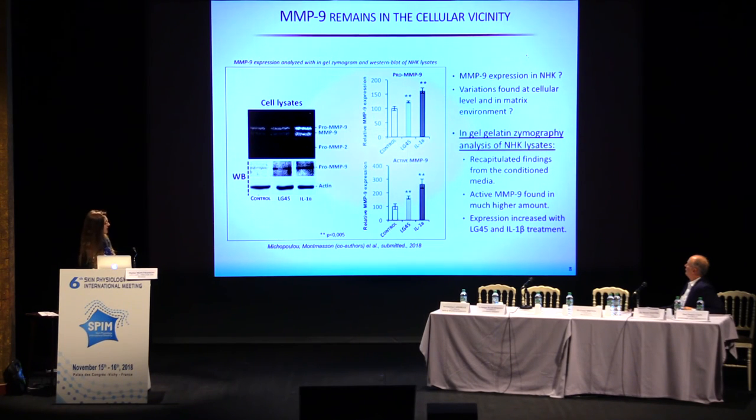Interestingly, we found that both pro and active MMP9 were enhanced with the treatment of LG45, as well as with the treatment with IL-1 beta used here as a control, suggesting that most of the active MMP9 remains in the cellular vicinity.